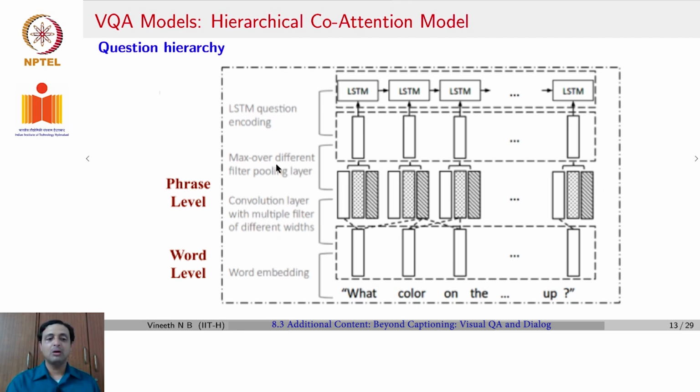Then we perform max pool over the convolutional layer, and we then get a question level embedding through the LSTM that we give that max pool output to. That gives us a representation at the question level.